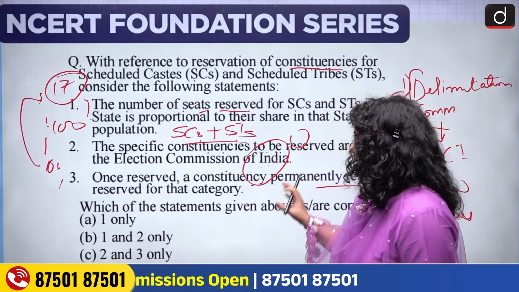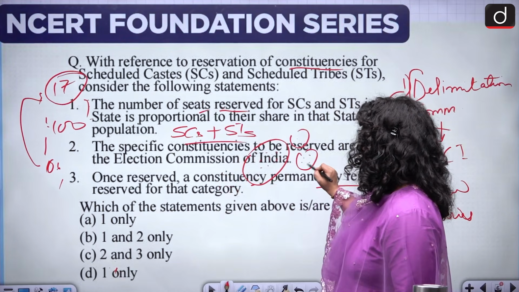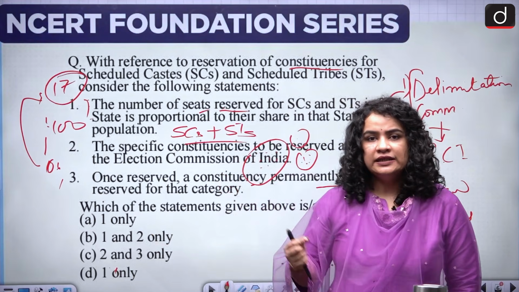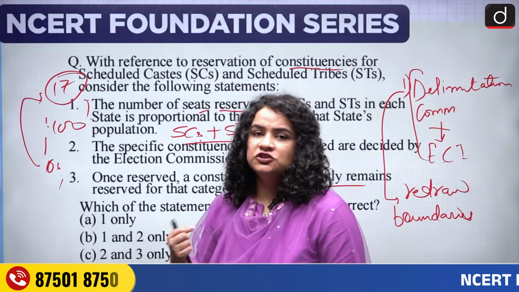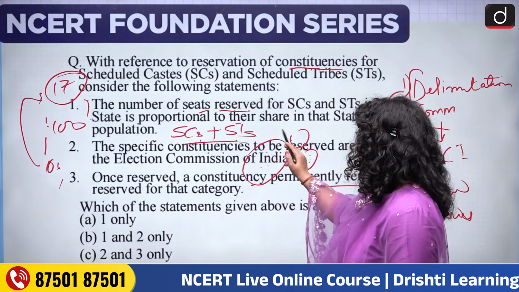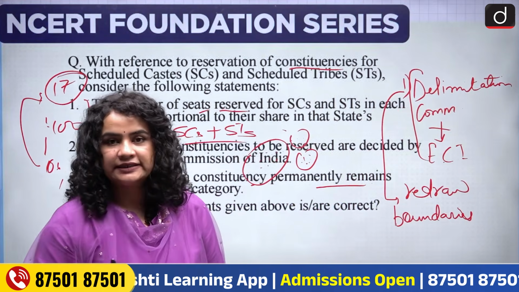And usually the scheduled tribes reside in nearby areas. If you notice the Northeast, or states like Orissa, Chhattisgarh and Jharkhand, you will usually find that adjacent constituencies are reserved for the STs.